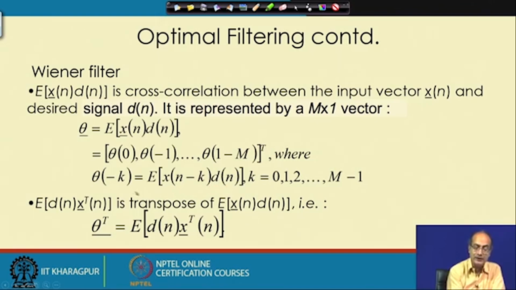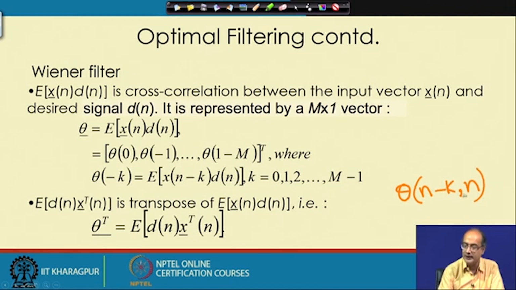Okay. Had one of them not been a stationary signal, we would have to write, instead of theta k, theta n minus k comma n. We could not simplify it and represent it by the lag between the two instances.